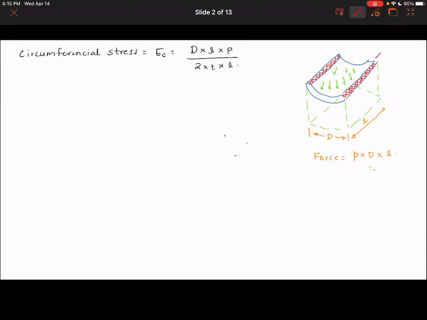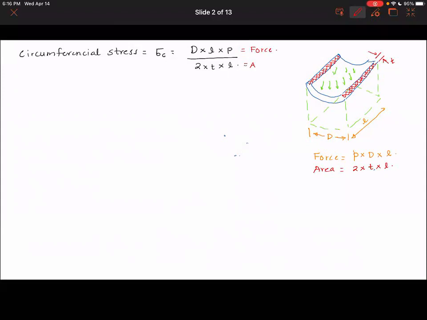And if this is thickness T, then area is equal to 2 times T times L. So this is the area and this is the force.